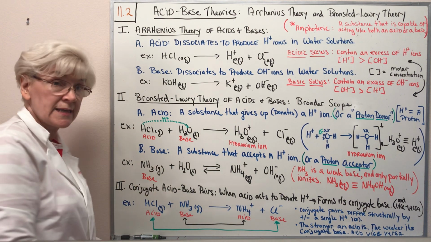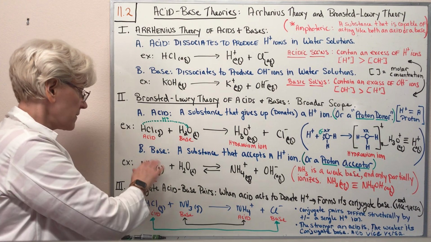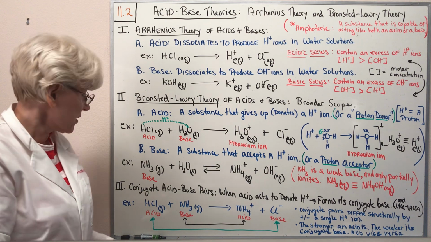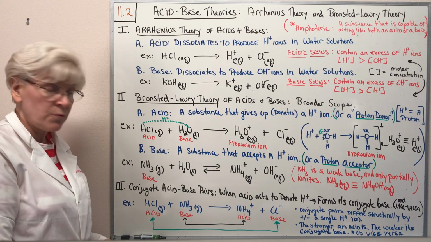Let's look at another example of a Bronsted base. This time ammonia, which is a gas outside of water.